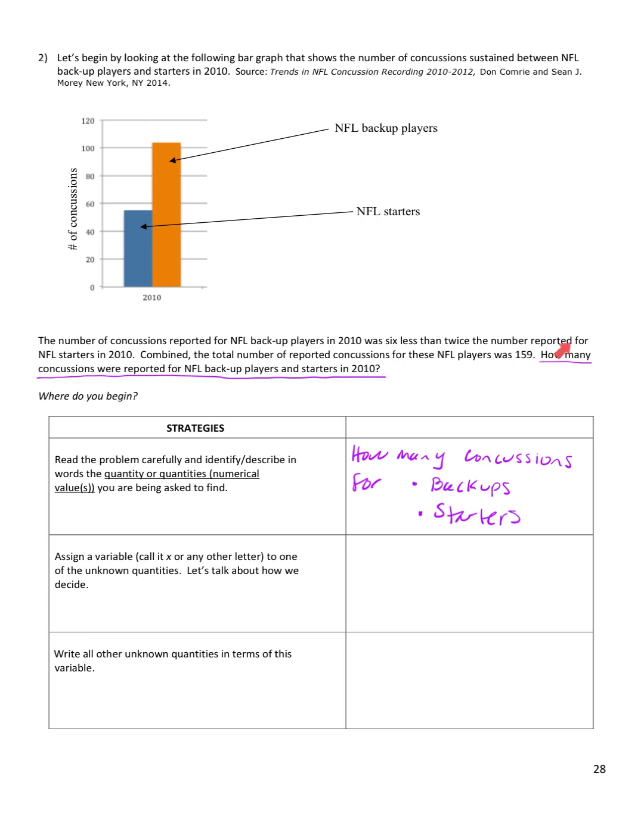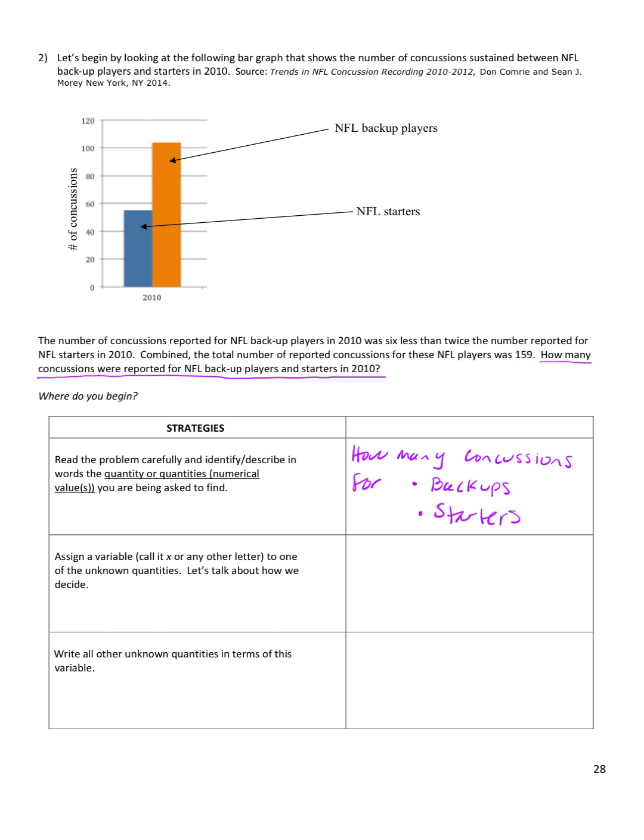So if you knew the number for starters, you could calculate the number for backup players by doubling it and subtracting 6. If there were exactly 100 concussions for starters, then backup players would have 6 less than twice that, so 200 minus 6, 194.